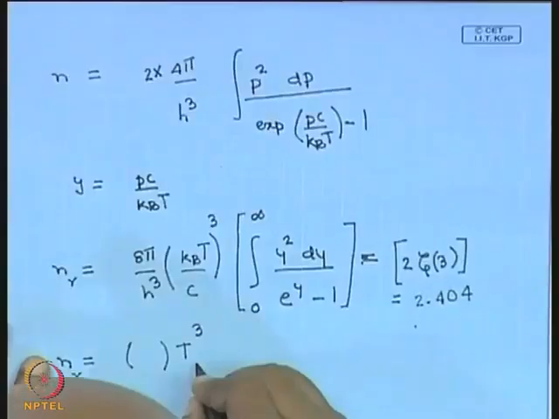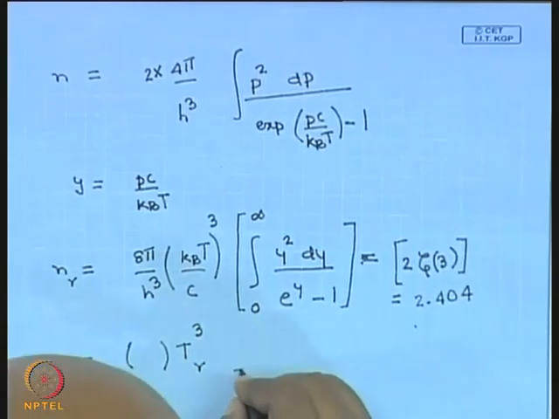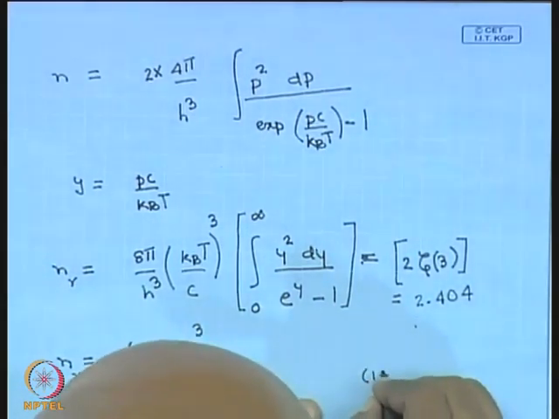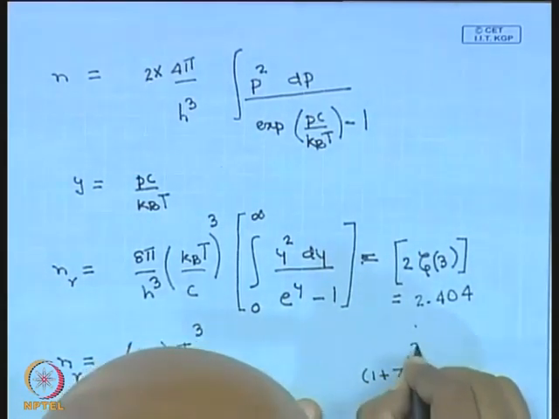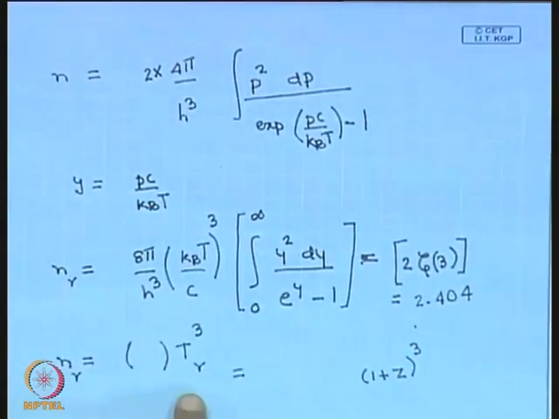Okay, photon T cube. And the temperature we have seen scales as inverse of the scale factor with the expansion of the universe. So we can write this as 1 plus z cube into the present value of the temperature, 2.735.